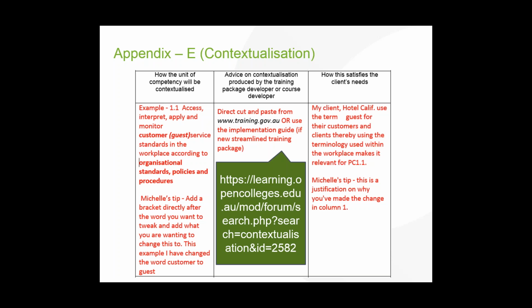You can add, you can remove, you can update. So copy and paste those rules. You can find those rules from training.gov.au, but the easy way is to go to this link, see the contextualization example, copy and paste the middle portion. Again, the key thing is write at least 2 to 3 examples of contextualization.